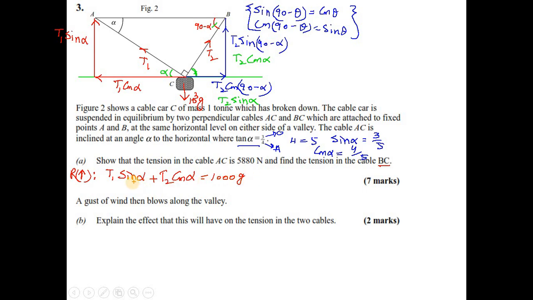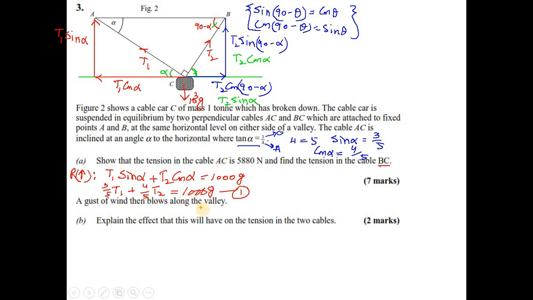Moreover, you can substitute the values of sine alpha and cos alpha here. So with sine alpha 3 by 5 and cos alpha 4 by 5, you have the equation 3 by 5 T1 plus 4 by 5 T2 is equal to 1000 g. This is your equation number 1.